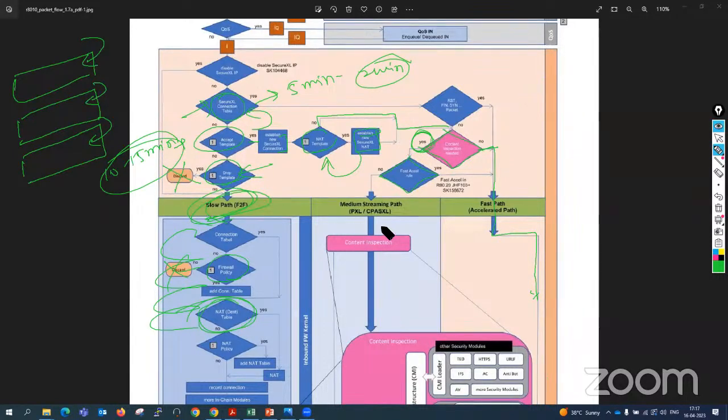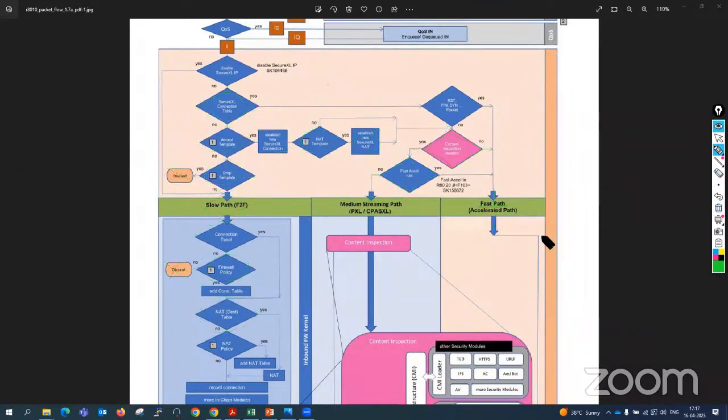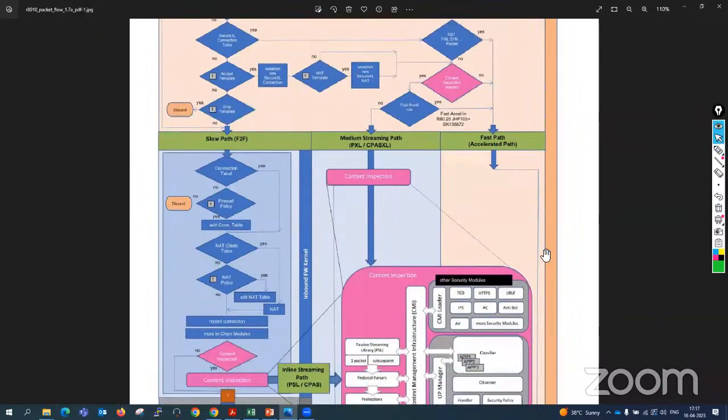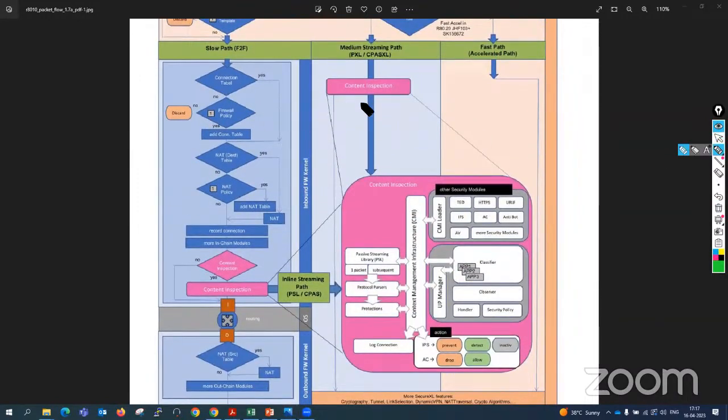If the entry is there in this particular Fast Accel rule, then it will be forwarded by your fast path. If there is no entry, then the traffic will come to the medium path, and in the medium path you have certain things. For example, content inspection is altogether part of your medium path.